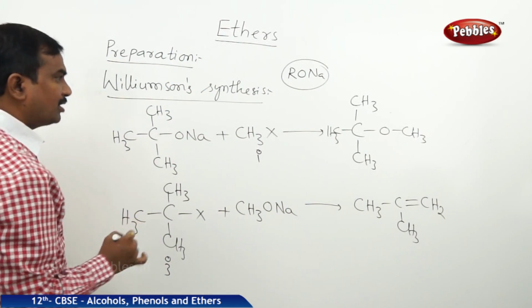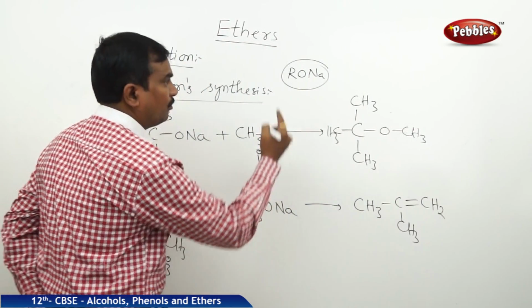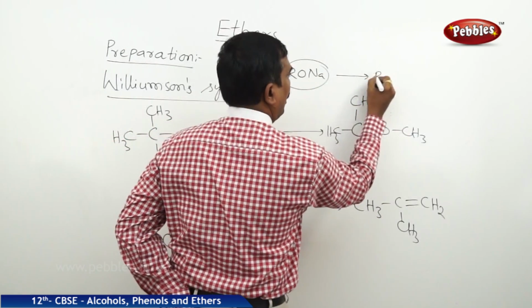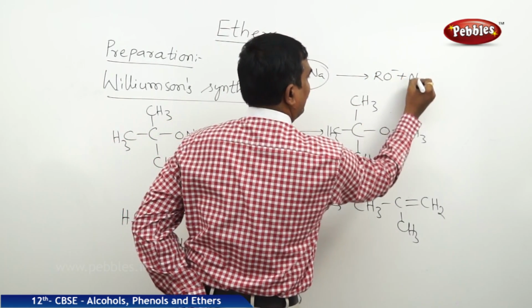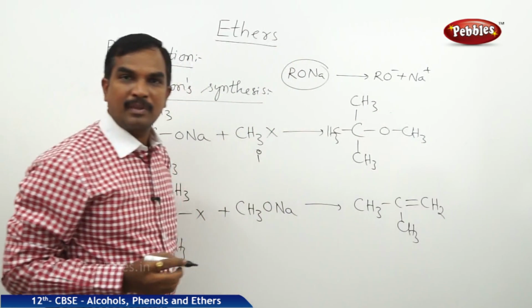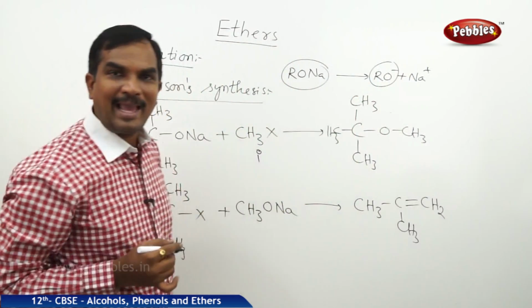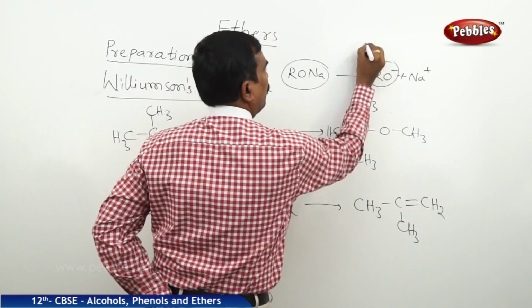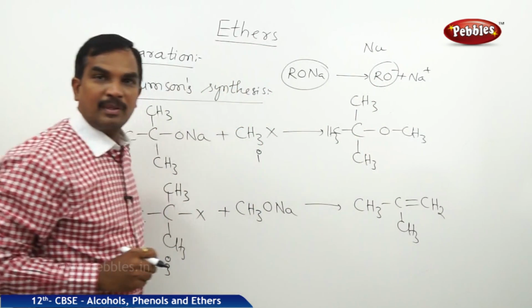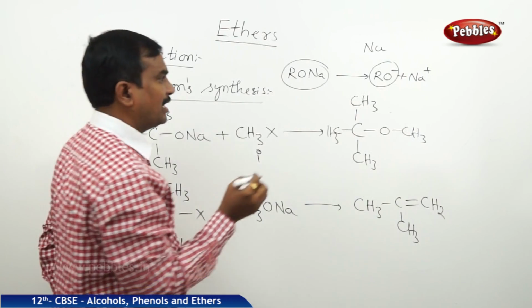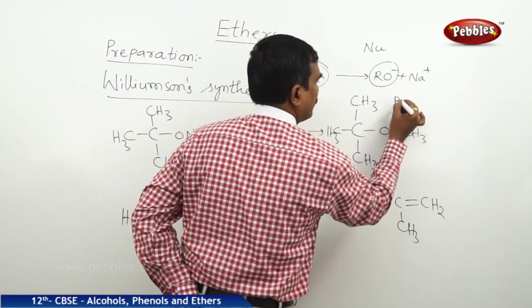RONa will give RO minus and Na plus. Now this RO minus can act as a nucleophile, and also remember it can act as a base.